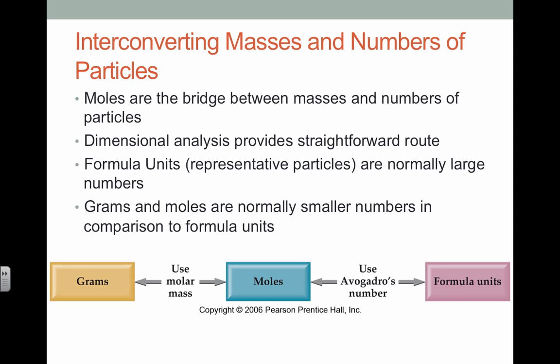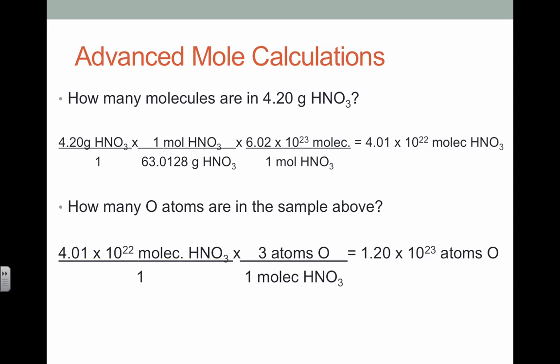Formula units and representative particles are normally large numbers, so if you get really large numbers with mass, like times 10 to the 23rd, there's a good chance that you messed it up. So it's something to keep in mind as you do it. Grams and moles are normally smaller numbers. You're not going to really see numbers like times 10 to the 23rd or anything ridiculous like that. So keep that in mind.